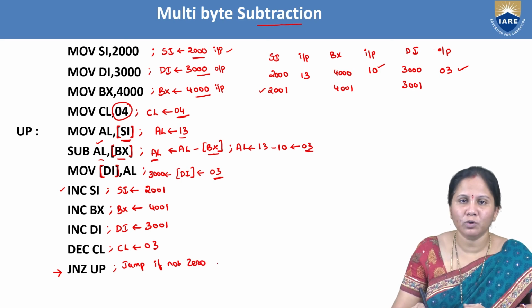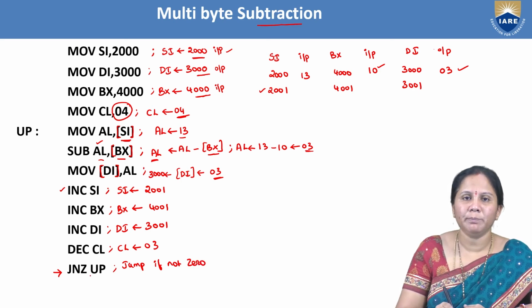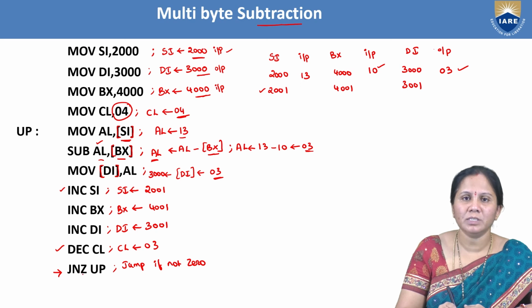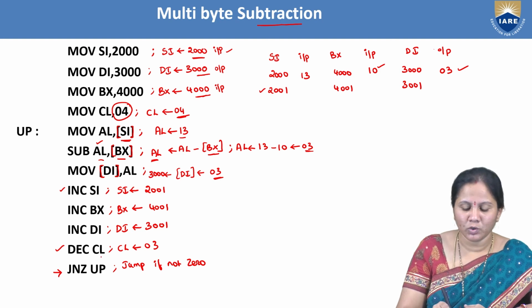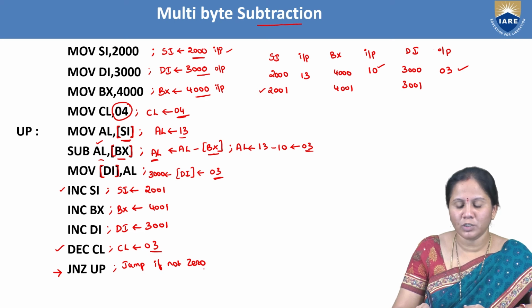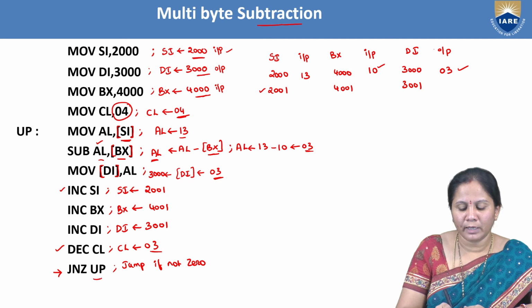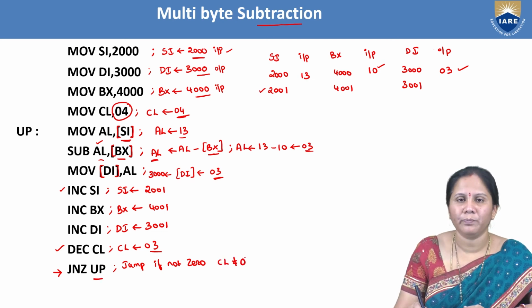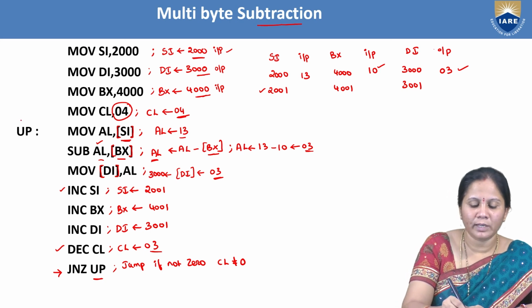So jump if not 0 is a conditional branch instruction, and this condition is applied to the result of the previous instruction. So CL has become 3, not 0. So jump if not 0, yes, CL is not 0, so it goes to the label up.